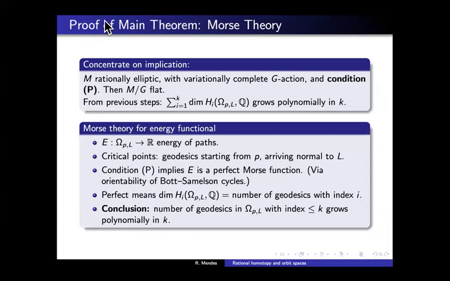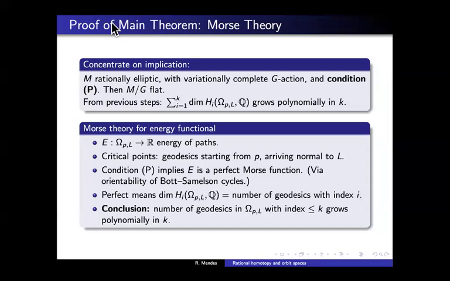I was wondering if you could imagine a weaker condition than condition P, which would just guarantee that the orbit space has curvature greater or equal 0? Or almost greater or equal 0? With your condition P, if it's variationally complete and rationally elliptic, you conclude that the orbit space is flat.